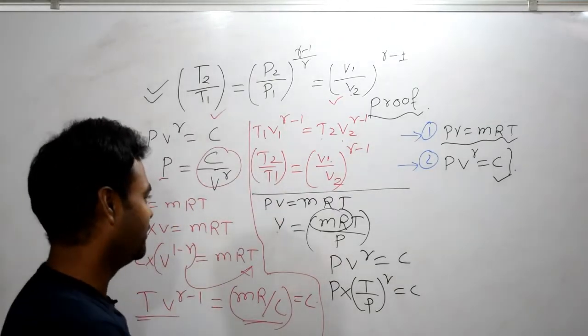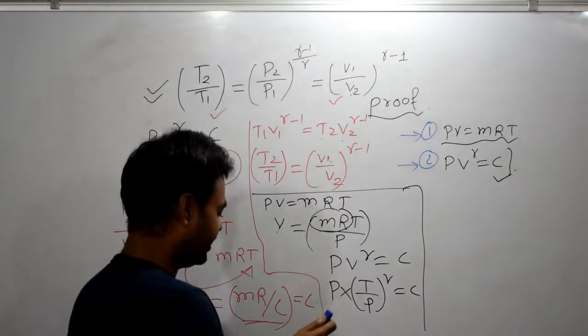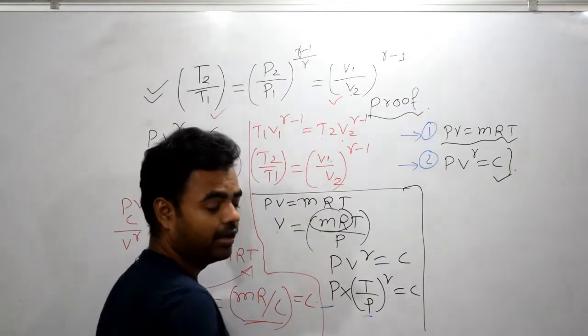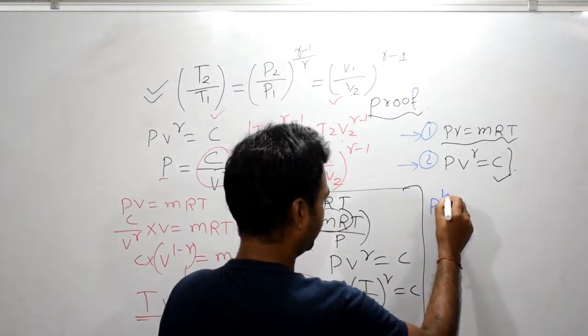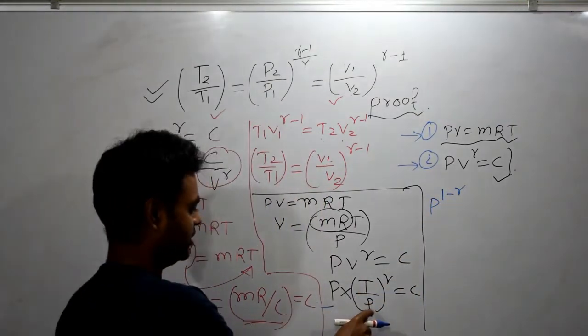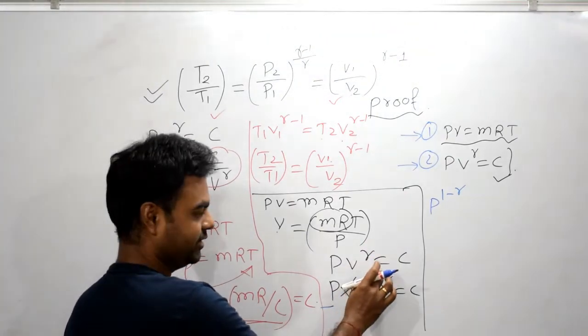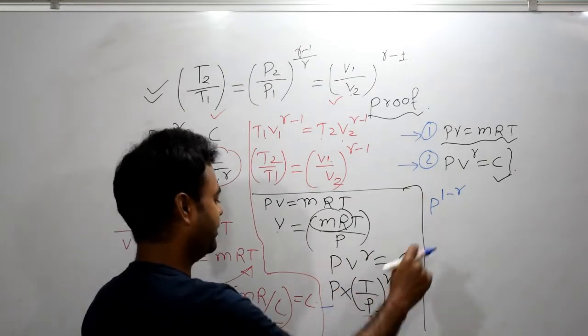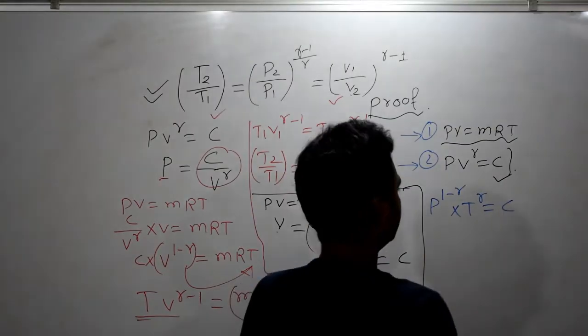I hope you are getting it so far. Now let me write it down here. With P and 1 / P^gamma, this will become P^(1 - gamma), because P^gamma in the denominator going upside gives a minus sign. So P^(1 - gamma) multiplied by T^gamma is equal to constant.